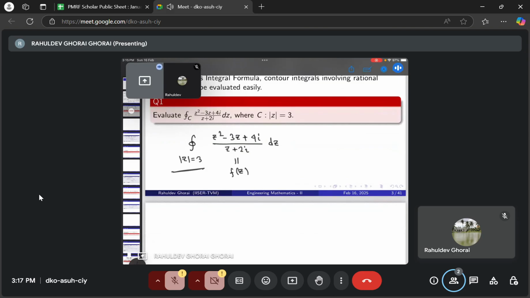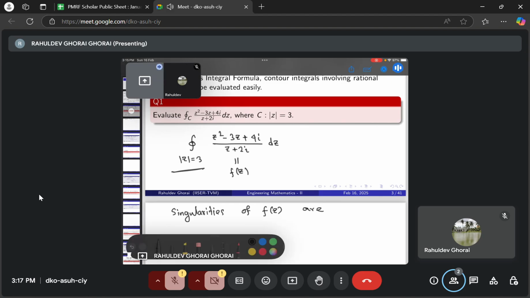So what are the singularities of f(z)? You have only one singularity, at z equal to minus 2i.